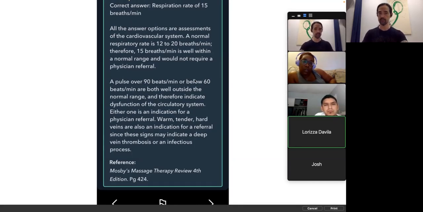A pulse over 90 beats per minute or below 60 beats per minute are both well outside the normal range, and therefore indicate some kind of dysfunction of the circulatory system. Not in reality, but on the test. Either one is an indication for a physician referral. Warm, tender, hard veins are also an indication for a referral, since these signs may indicate a deep vein thrombosis or an infectious process.